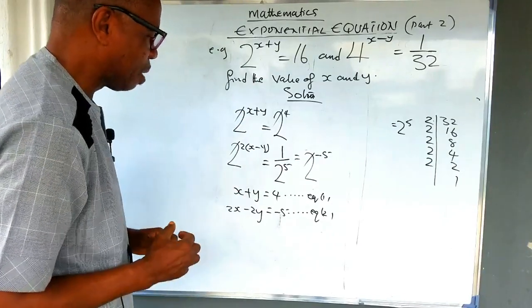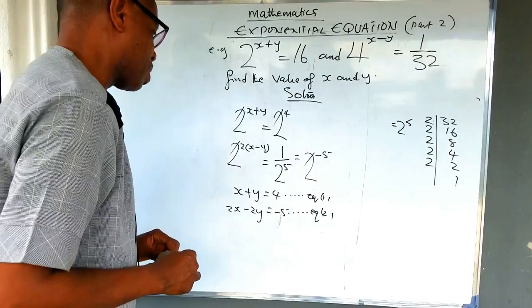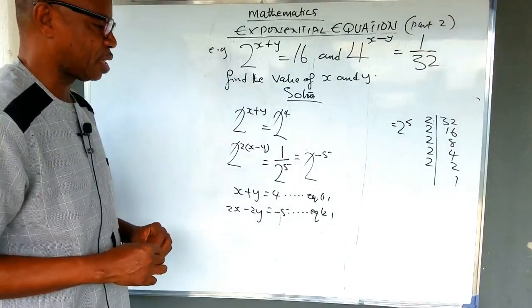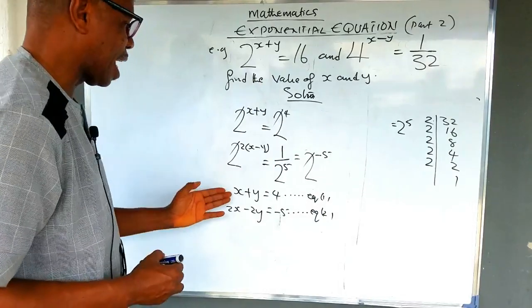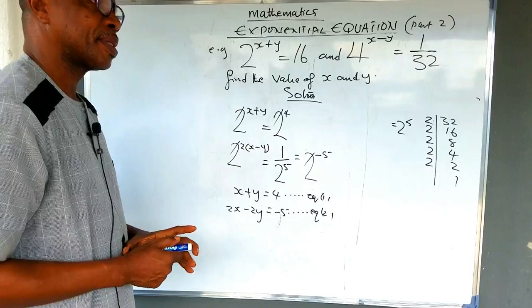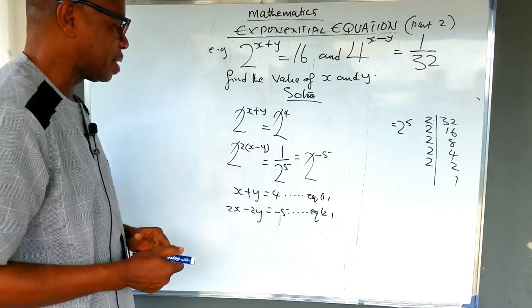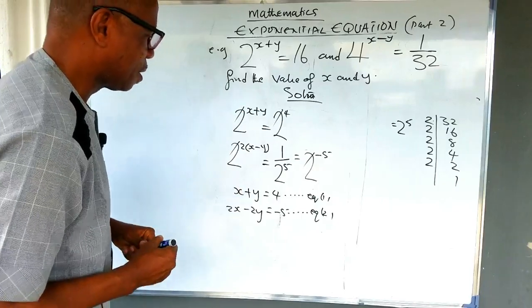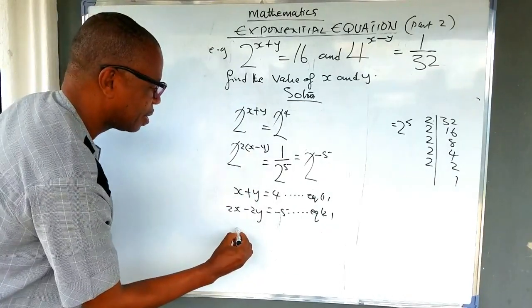Now, if you look at x plus y equal to 4, there are 2 methods of solving this kind of equation. You have what you call the elimination method and the substitution method. But since the coefficient of x here is 1, I can simply use the substitution method to find this.